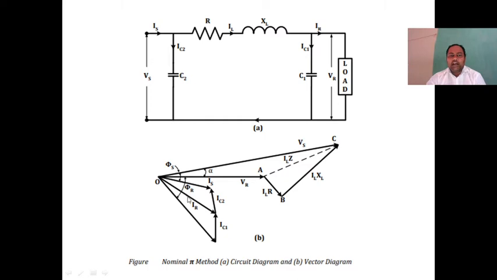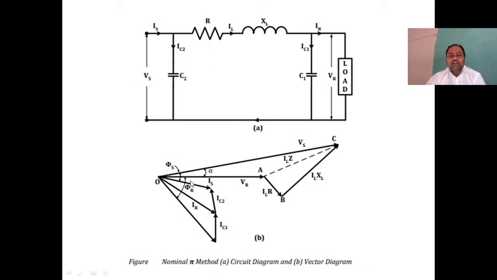The middle line is IL, and IL plus IC2 is the sending end current. This line represents the receiving end current, this line represents the line current, and this line represents the sending end current. The receiving end current has more magnitude compared to the sending end current.